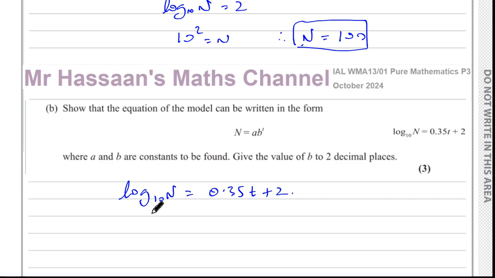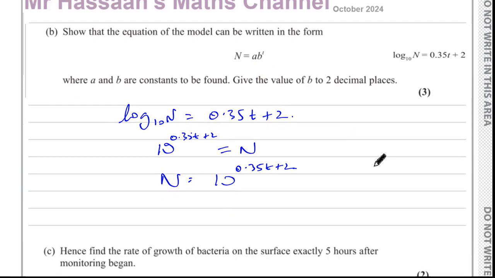So we have to change it from the form of a logarithm into index form, as we just explained. This is the base, this is the power, 0.35t plus 2, and this is the answer n. So we can say n is equal to 10 to the power of 0.35t plus 2. We want just something to the power of t.